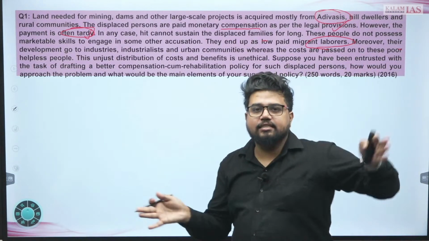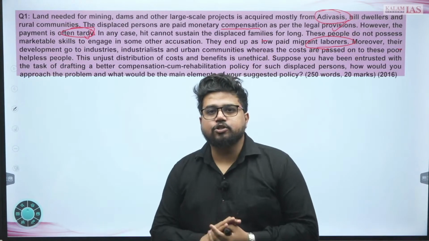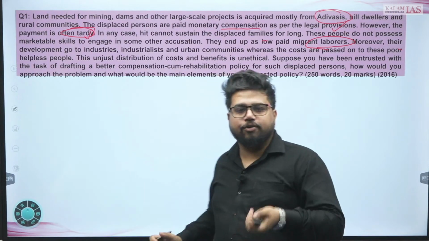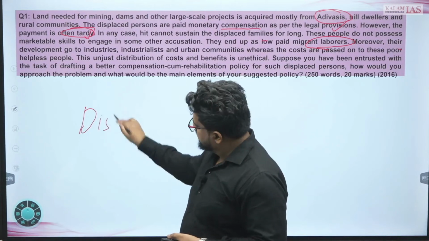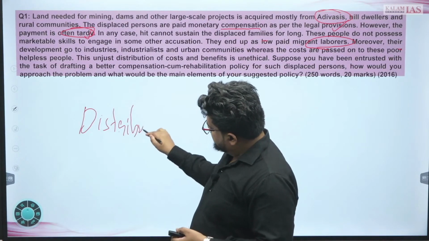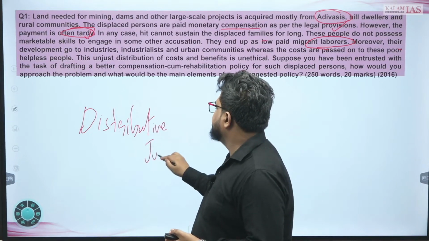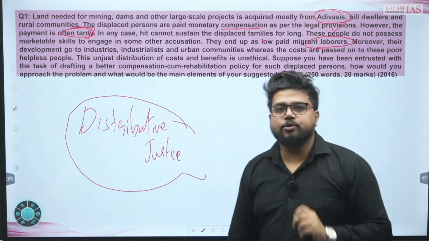There is a difference in the cost benefit distribution in society. This we have discussed in detail in the foundation class also, when we were discussing justice, the theory of justice. The question is all about distributive justice.